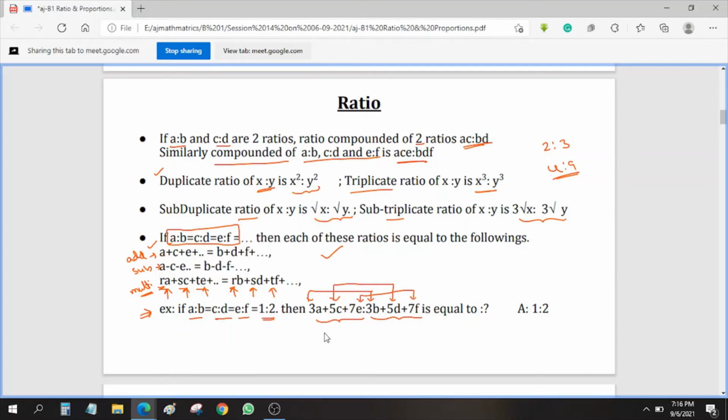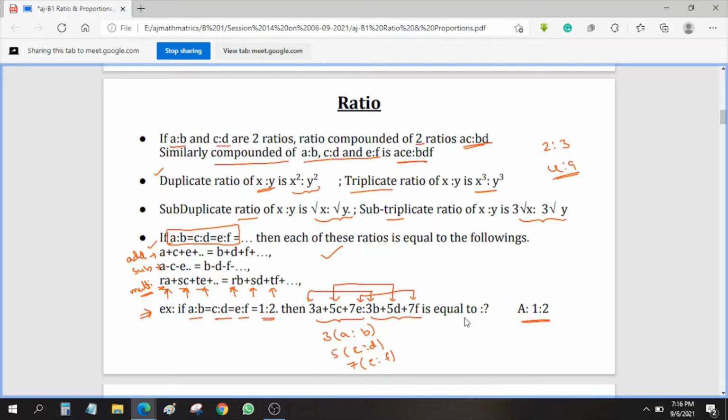So 3 is multiplied to A and B, 5 is multiplied to C and D, and 7 is multiplied to E and F. If these three are multiplying like this, then we can directly say that the ratio is 1 is to 2.